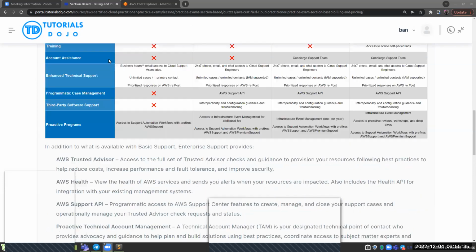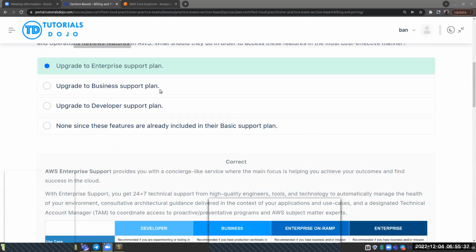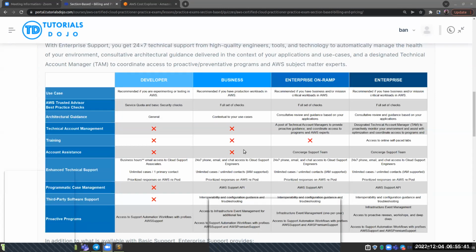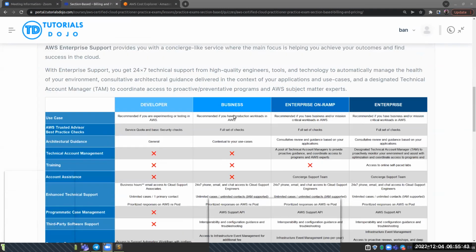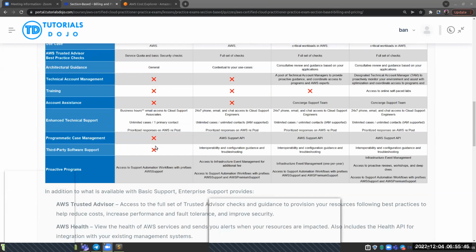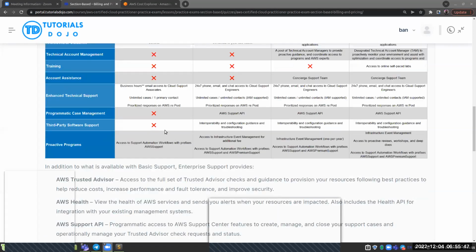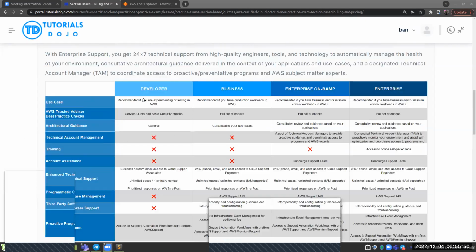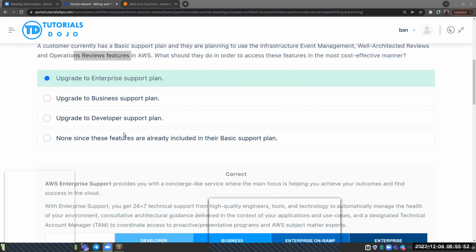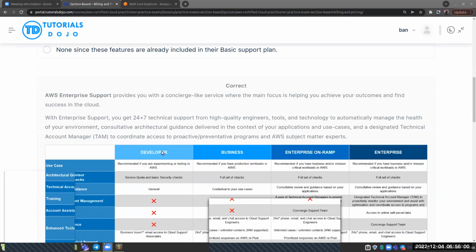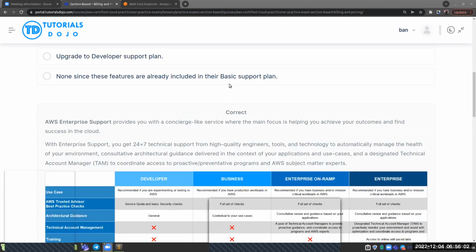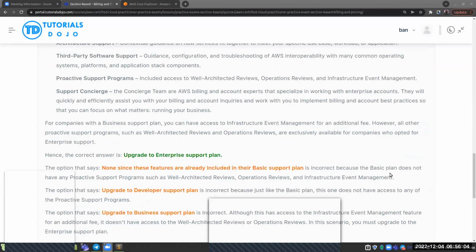Business support plan will not do that, since it has it only for an additional fee. Developer plan doesn't have it at all. This eliminates these two. The last option is none, since these features are already included in the basic support plan, but basic support is the one that almost everyone has, and it doesn't have those features.